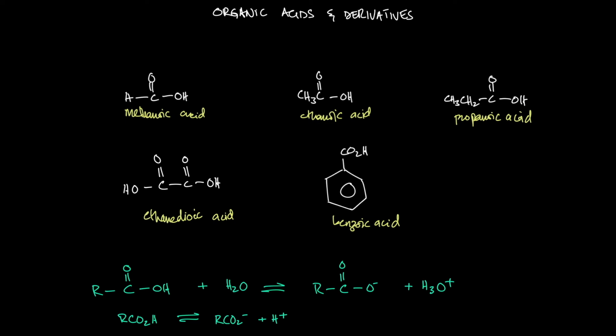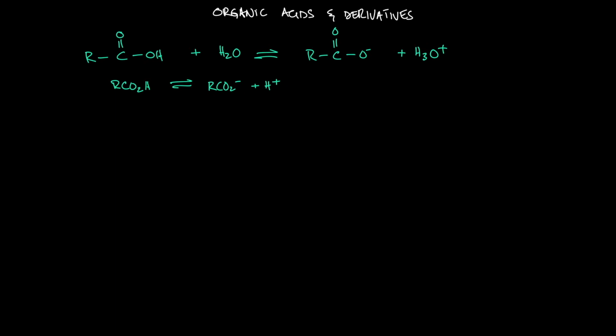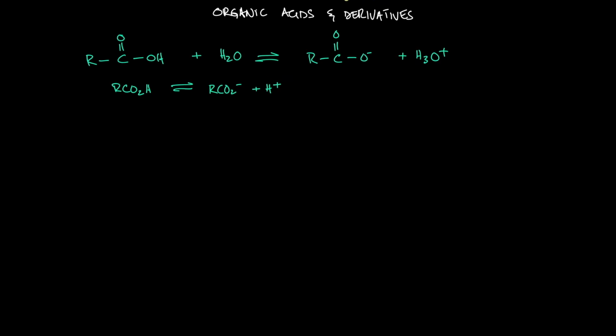Now the question we want to answer is why are carboxylic acids weak acids, or why do they behave as acids? Why does the carboxyl group ionize in solution? Let's compare it to an alcohol. So let's say we have an acid group here versus an alcohol, and versus a phenol even.